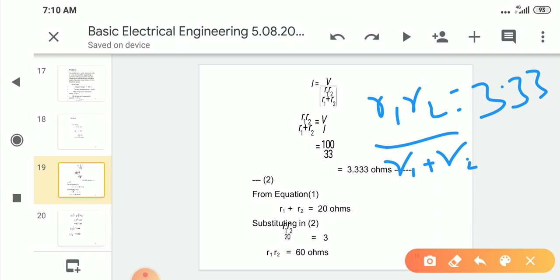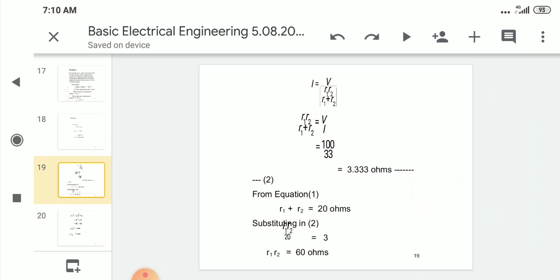But according to our previous equation, R1 plus R2 is equal to 20. Replace this value. Then we will get R1 into R2 is equal to 3.33 into 20, which gives 60 ohms.